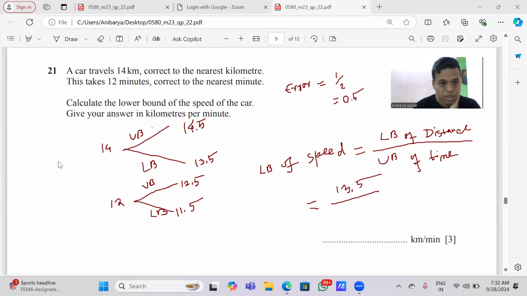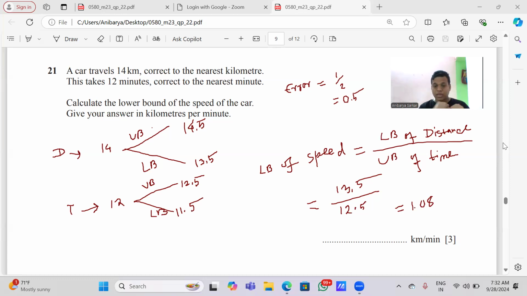This is distance, I mentioned here d, and this is time, I mentioned here t. Okay, and upper bound of time is 12.5. If we divide it, the answer is 1.08 kilometer per minute.